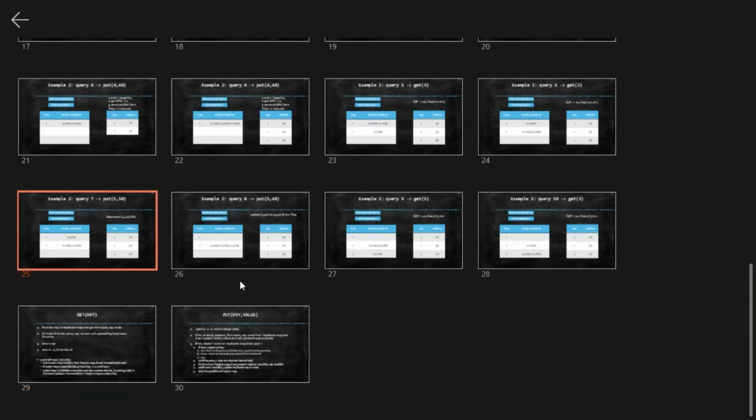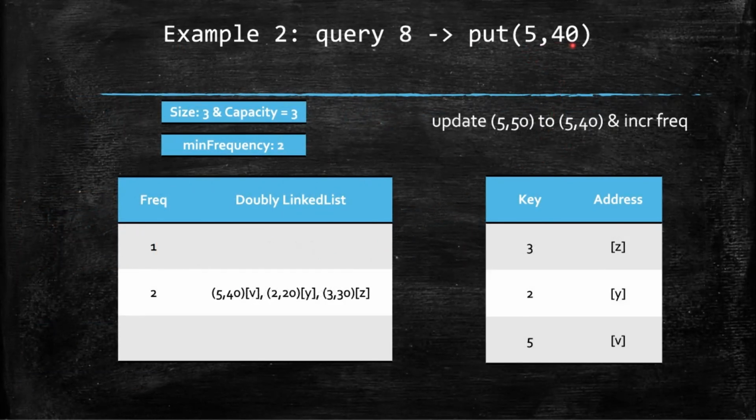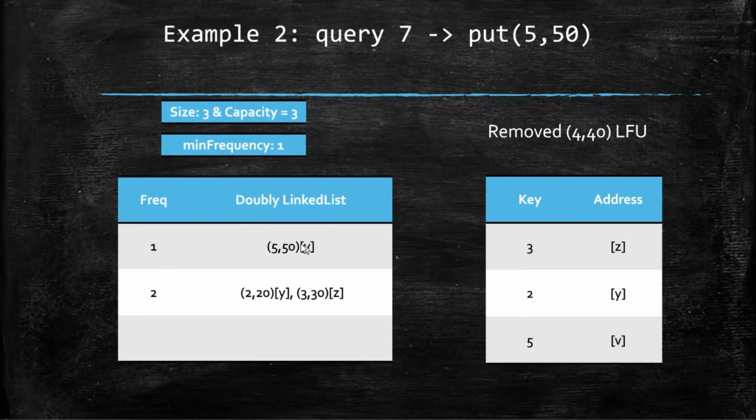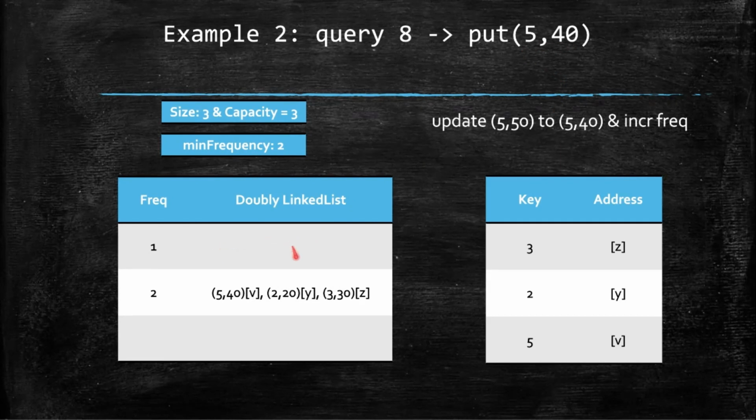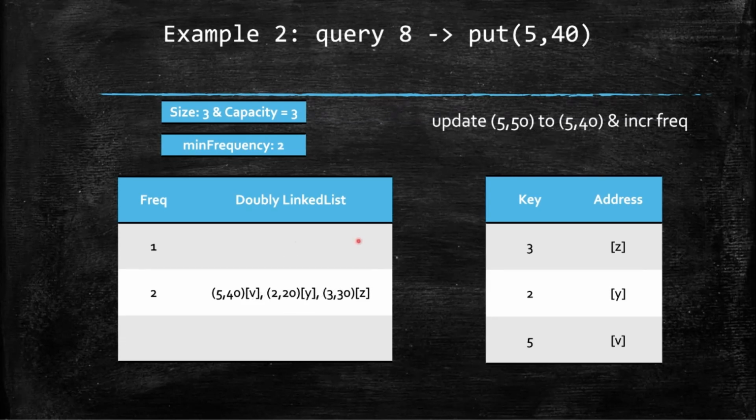In this example here, when I call 5 comma 40, the least recently used list becomes empty, right? And the frequency of that number will increase to 2.